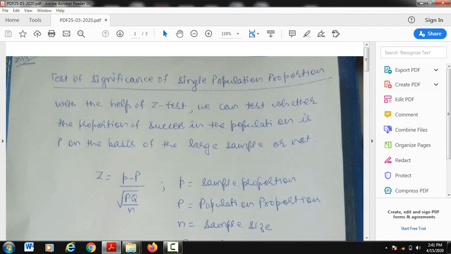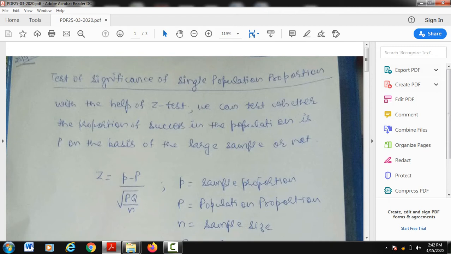The same applications apply to the standard deviation: whether the sample has been derived from a population having that particular standard deviation, or to test the significance of the difference of standard deviation between two samples, we consider the Z test.